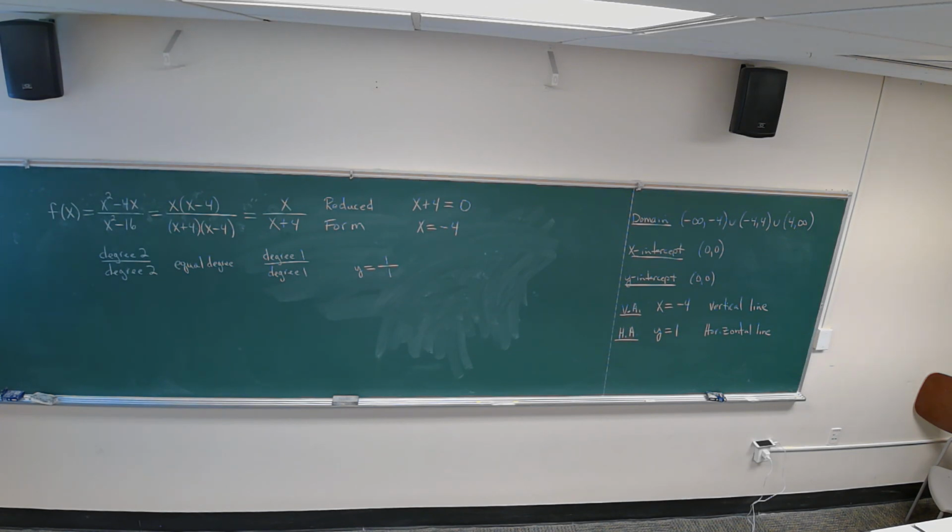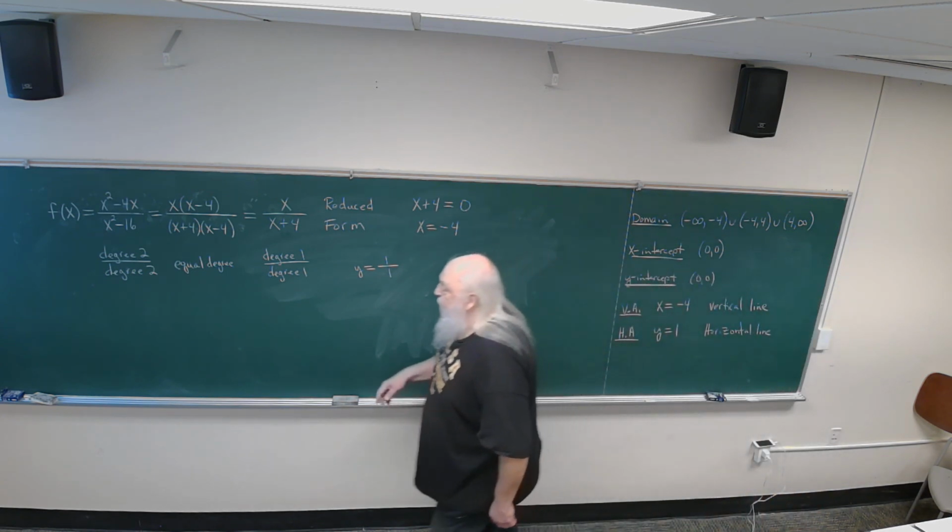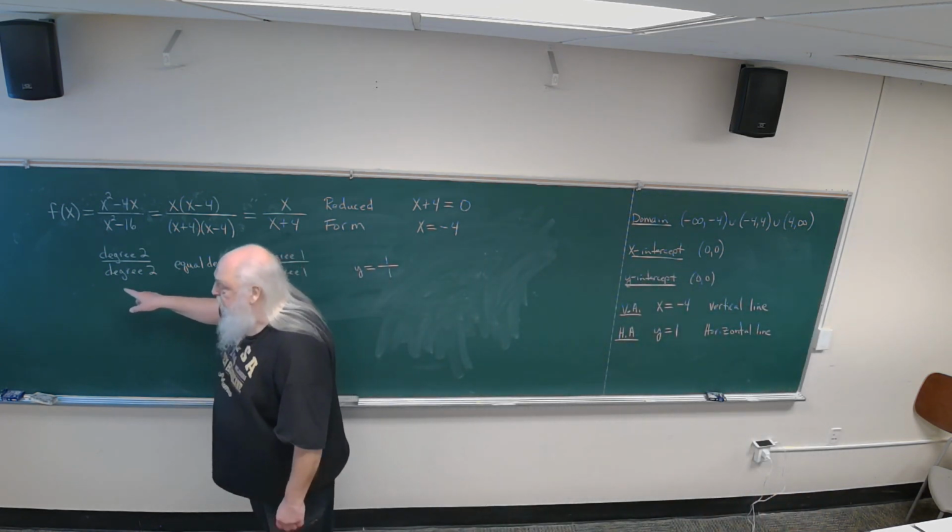Okay. And this special case says if the degree of the numerator is exactly 1 more than the degree of the denominator, then the graph of the function has a slanted asymptote. Well, the degree of the numerator is not 1 more than the degree of the denominator.